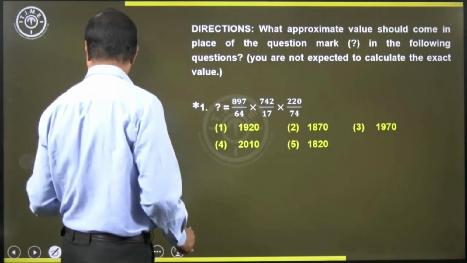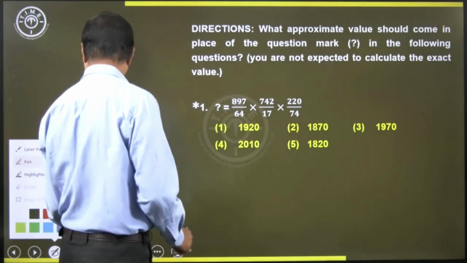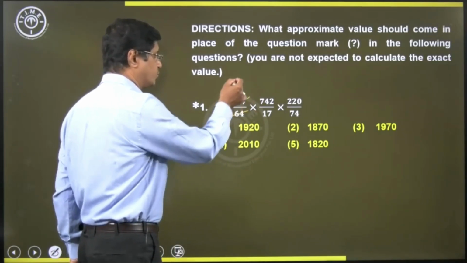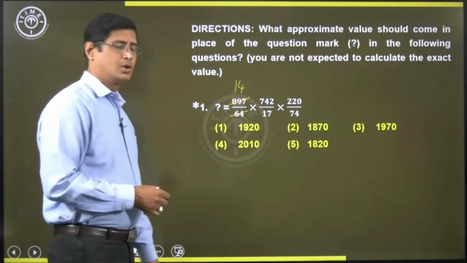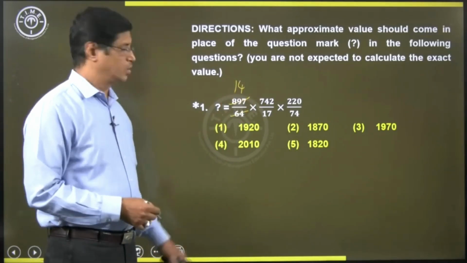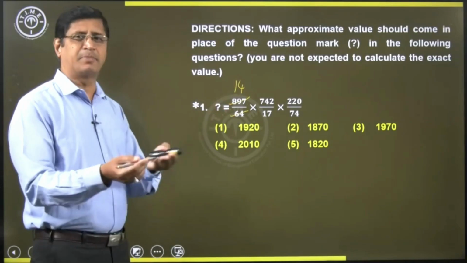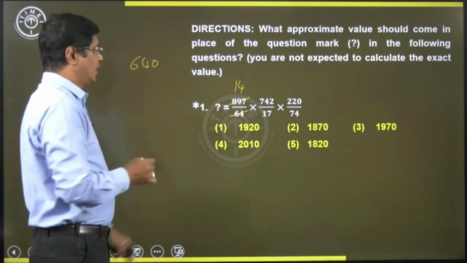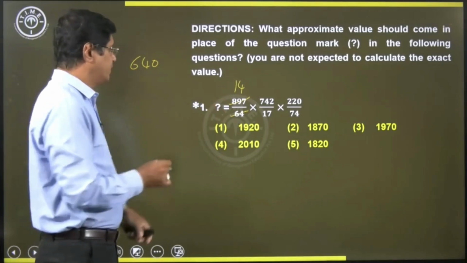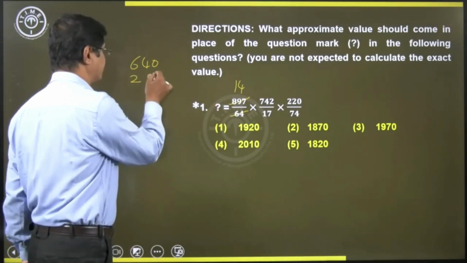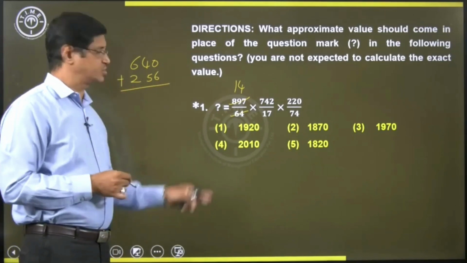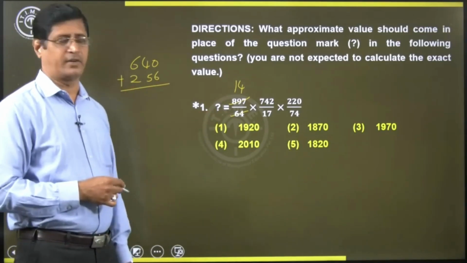Just observe how many times it goes. 64 goes 14 times. 14 times of 64: 10 times 64 is 640 and 4 times 64 is 256. By adding these two we get 896, which is close to 897.